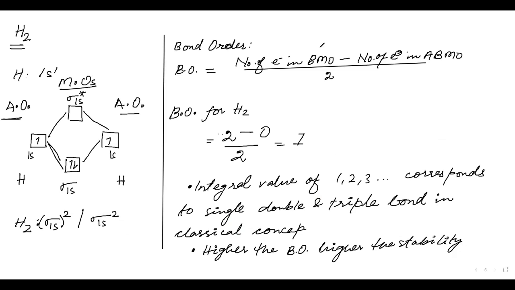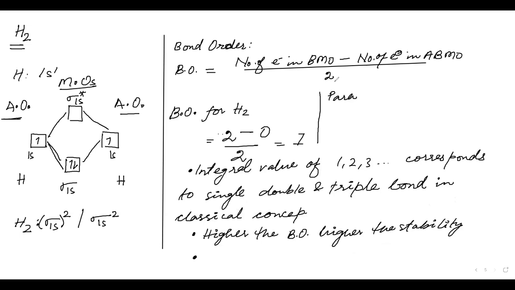Now the next thing you have to tell me is the magnetic character: paramagnetic and diamagnetic. What is paramagnetic? One or more unpaired electrons will give us paramagnetic. Diamagnetic means no unpaired electrons.